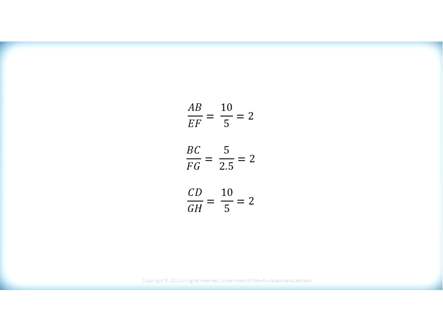Side CD corresponds to side GH in the image, and the ratio of the two sides is 10 divided by 5, which is 2. And lastly, side DA corresponds to side HE, and the ratio of those two sides is equal to 2 as well. So what we see now is that all of our side ratios are equal. They're all equal to 2.